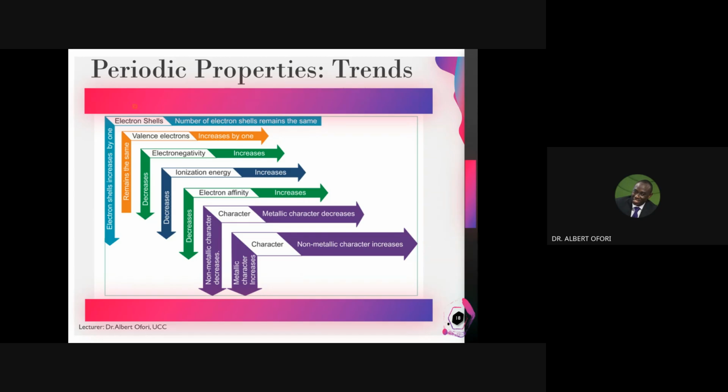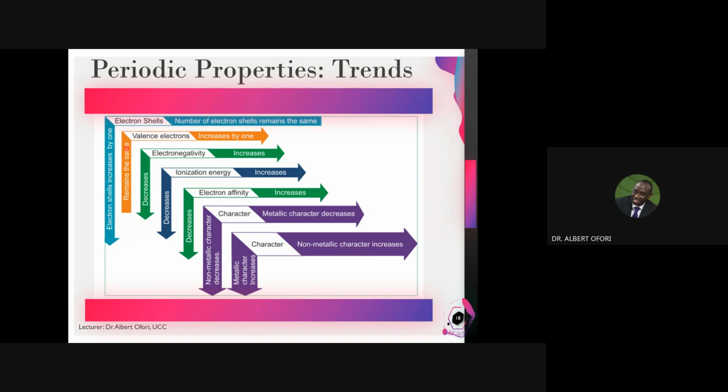However, when we go across the period, we are going to see that the energy levels remain the same, but the number of electrons changes. So it's the number of electrons which increases, but the energy levels remain the same.